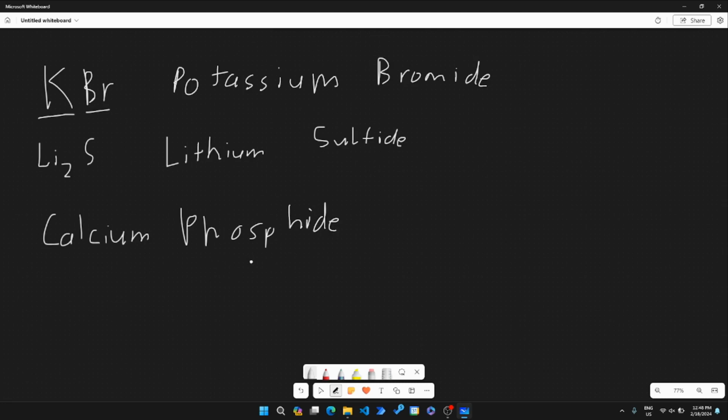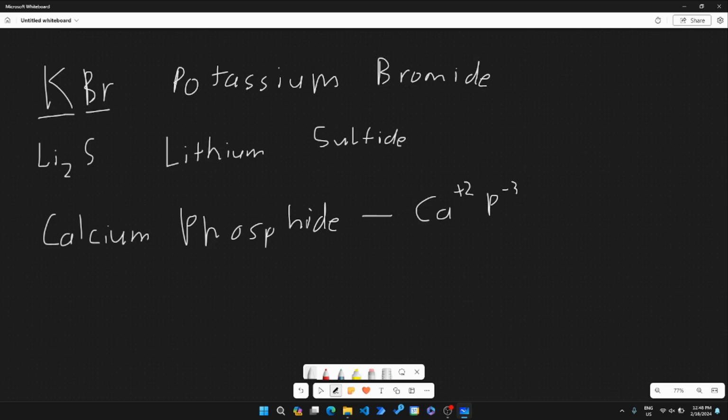If you have calcium phosphide, well, you know you're going to have calcium, and you know you're going to have phosphide. So that's a P. And remember from the periodic table, we know that phosphorus forms a -3, and we know that calcium forms a +2.